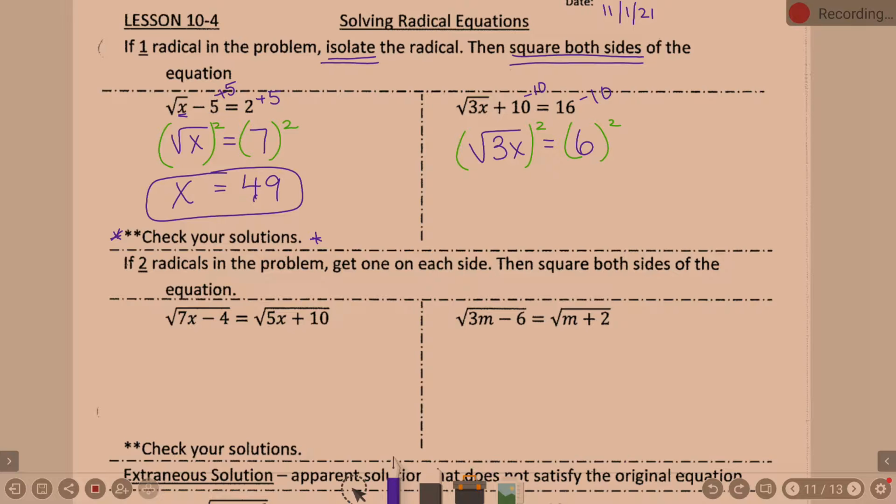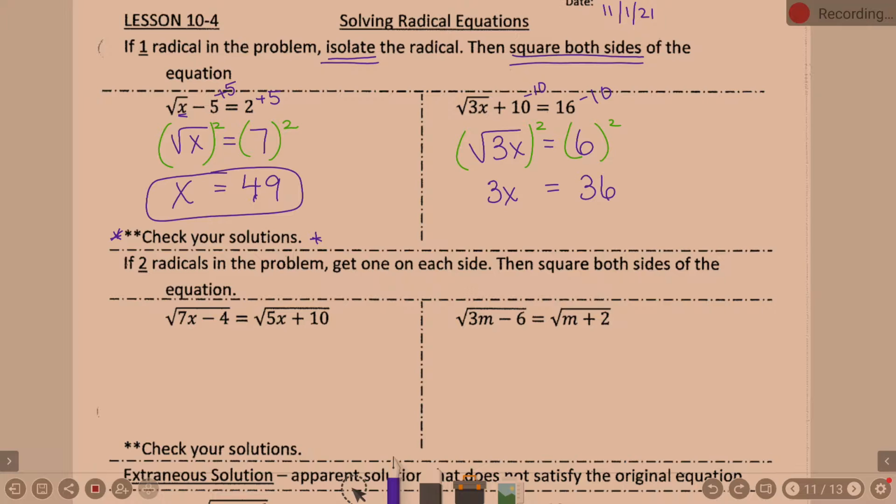You get what's inside of it. So over here, we squared the square root of x. We got x. Here, I squared the square root of 3x. I'm going to get 3x. When you square 6, you get 36.